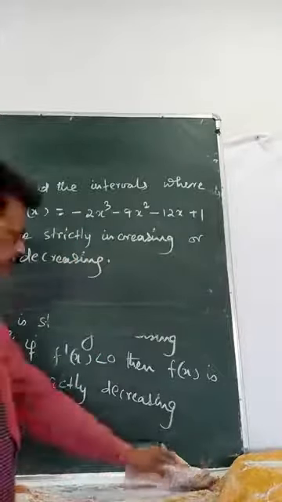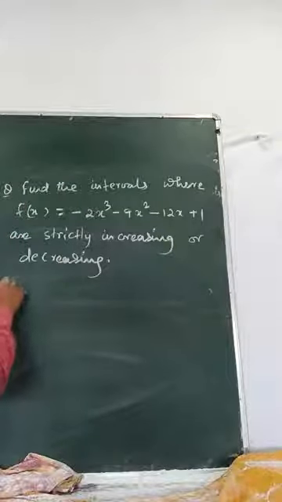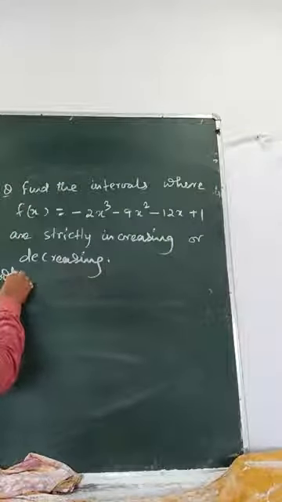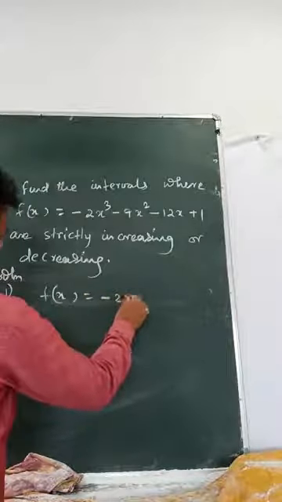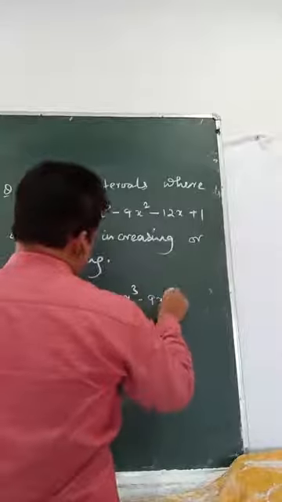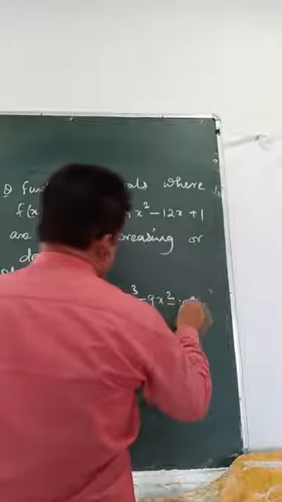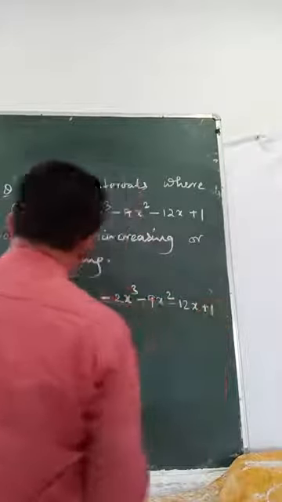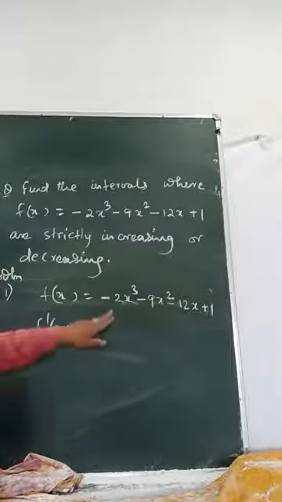Okay, so remember the steps of what I have done. Your f(x) equals minus 2x cube minus 9x square minus 12x plus 1. The first step is to find f dash x, the first derivative.